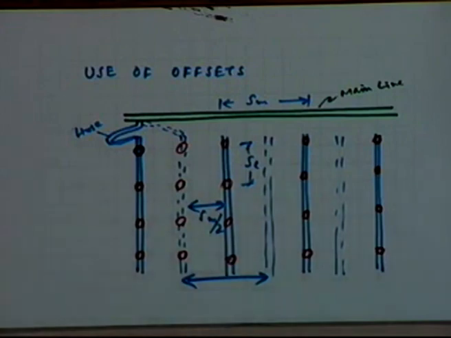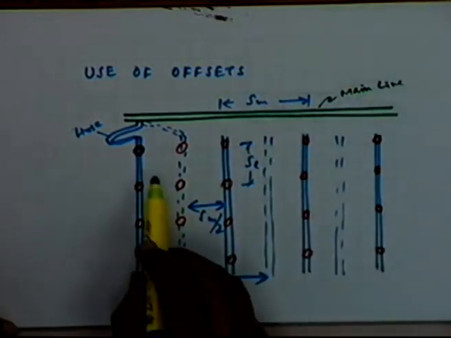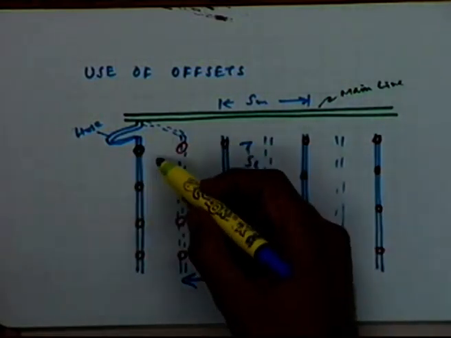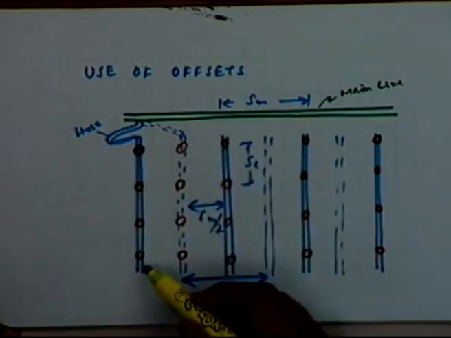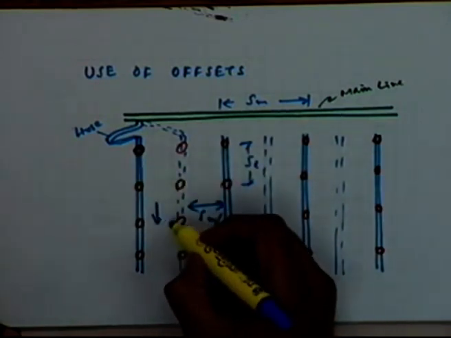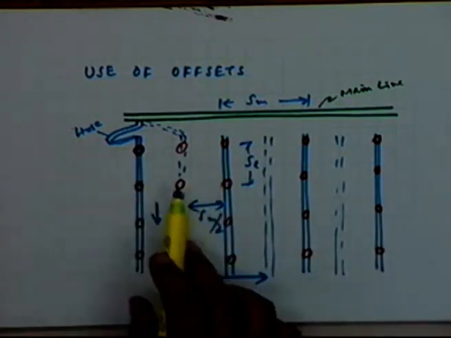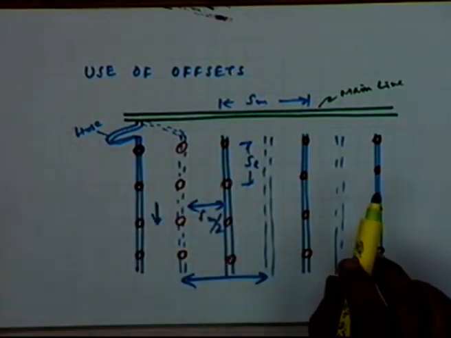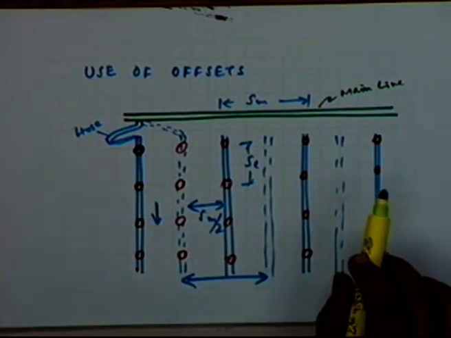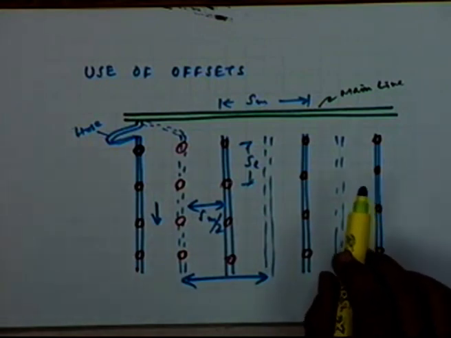What he is trying to say is that if we do the same thing with the lateral also, and you want to shift the lateral in this direction, that is also possible, because the overlap which you are having is not from one side, it is from both sides.